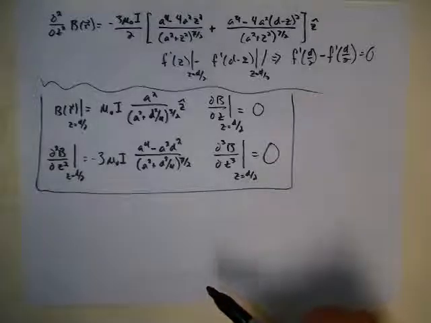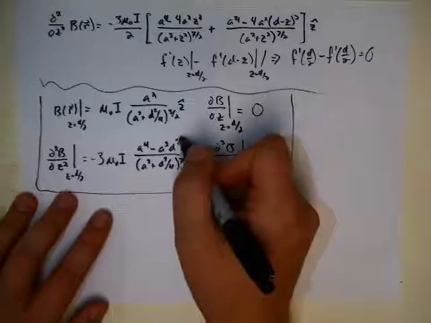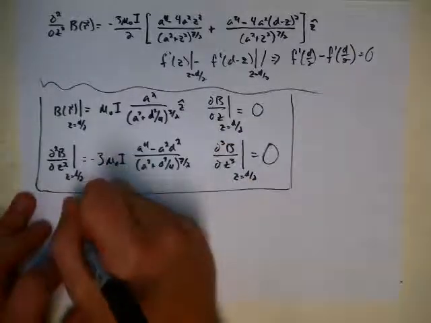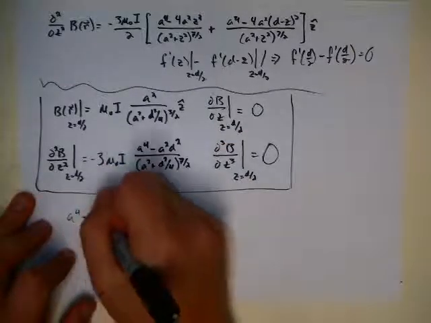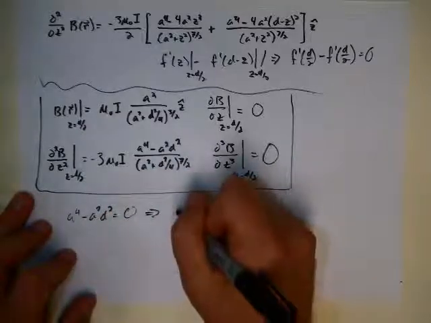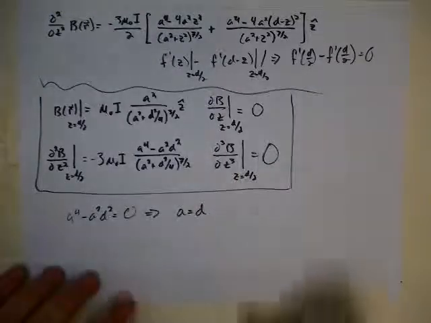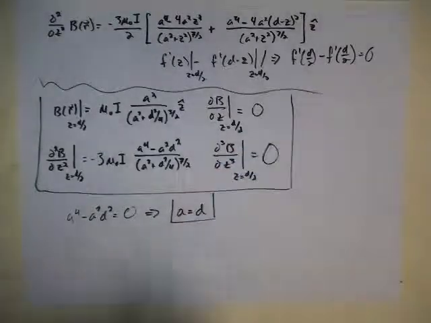Find what value of d for them all to vanish. That means I need this expression to be 0, so really I'm only going to look at that. And so I want a to the 4th minus a squared d squared to be equal to 0, which is of course true if a is equal to d. And there you go. And so that's the other condition for vanishing.